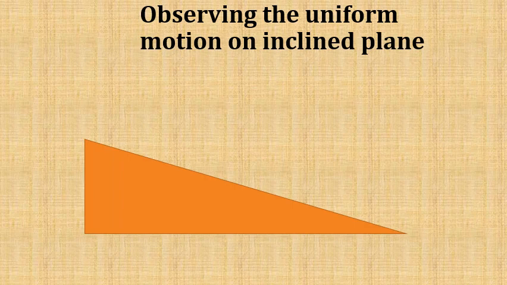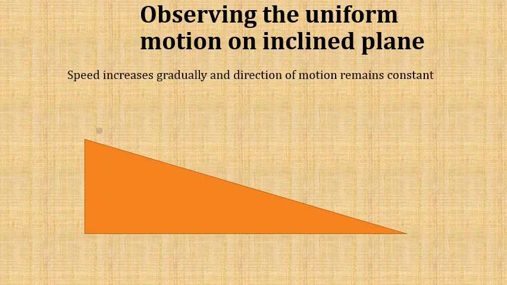Take a marble and let it drop from the top. It goes down, and if you observe its speed, initially it goes slowly and the speed increases gradually until it reaches the ground. The speed increases gradually and the direction is always one direction, that is constant.